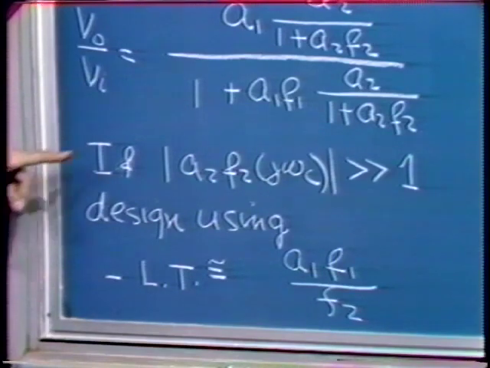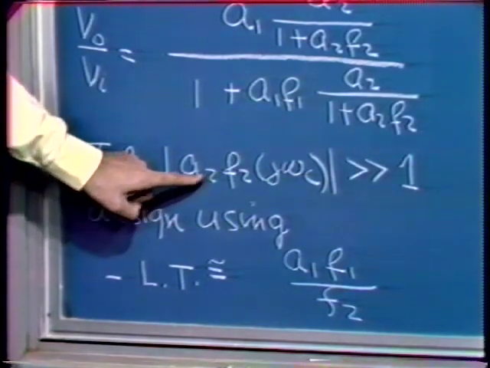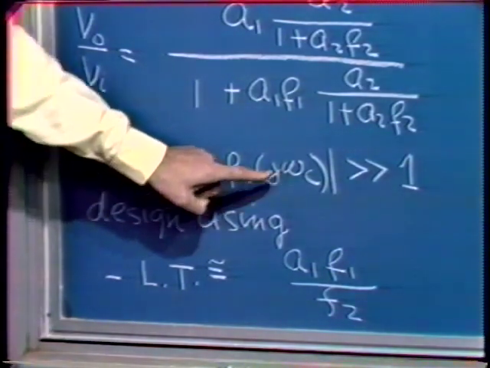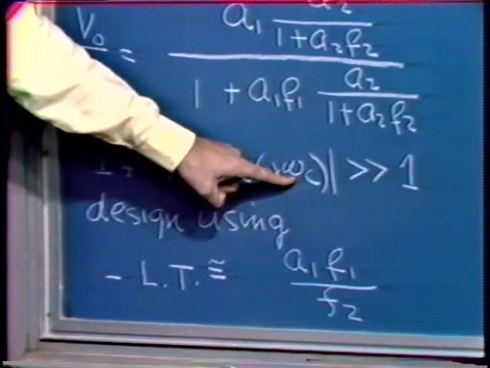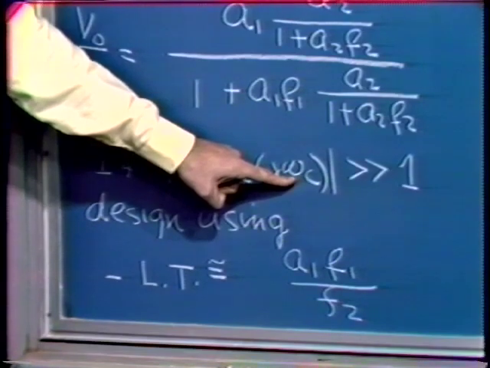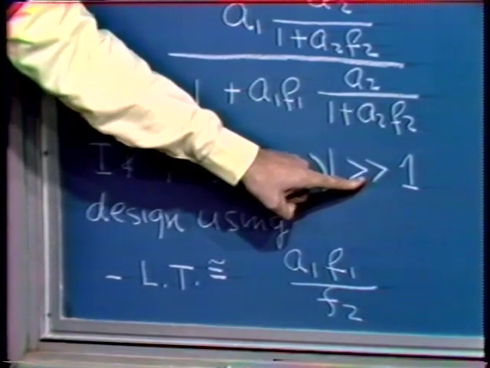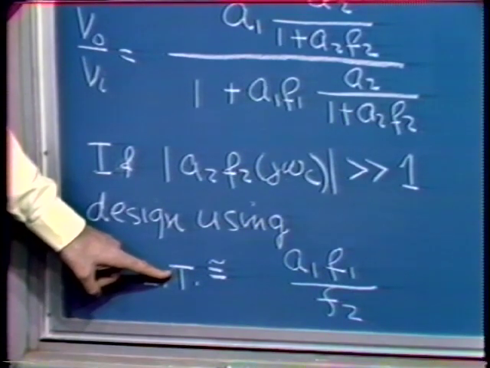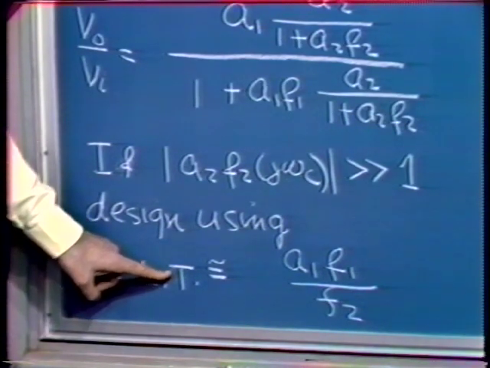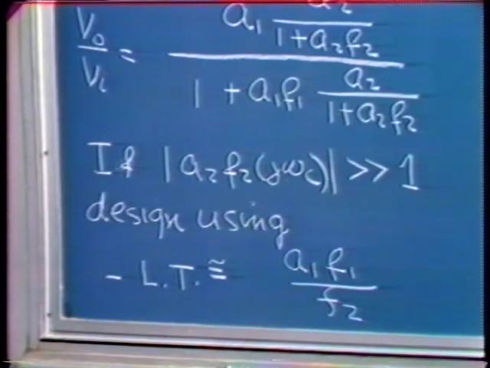And again, our hope is, as I indicated, that the quantity A2F2 evaluated at omega c, where omega c is the crossover frequency of the major loop, is considerably larger than 1. That's the condition necessary to use this approximation for the transmission of the major loop as our design tool.